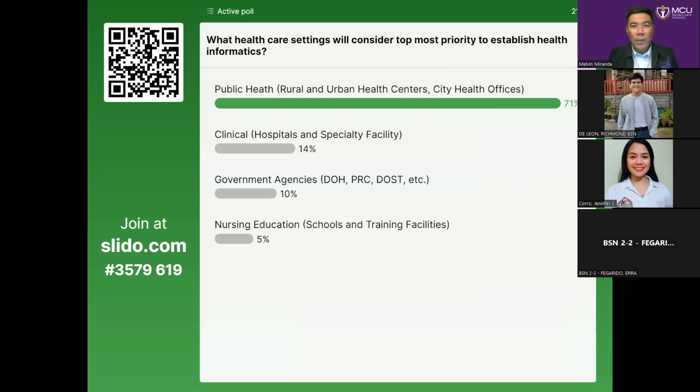I just want to read in the chat box, someone asks if PhilHealth is under government agency. Yes. So I think PhilHealth could be one considered for government agencies because this will facilitate the online applications.